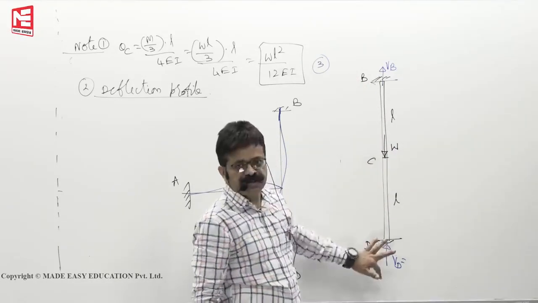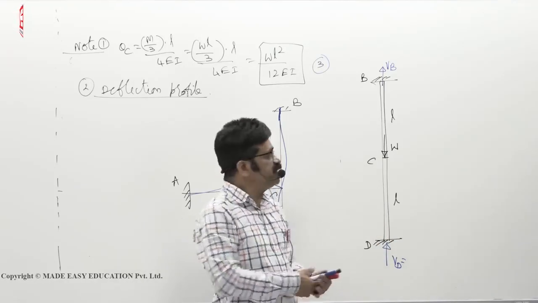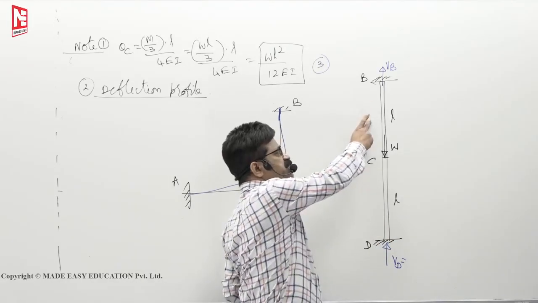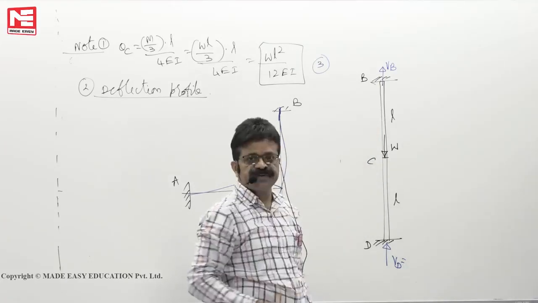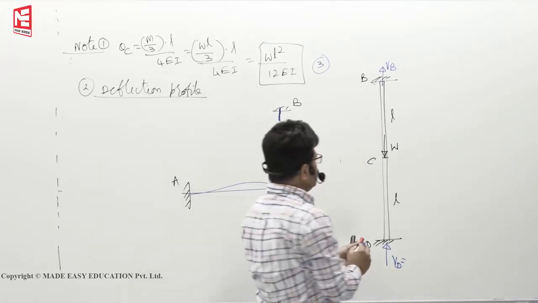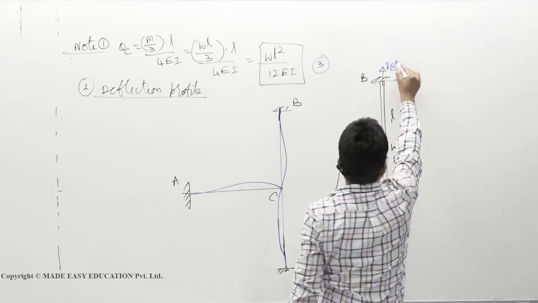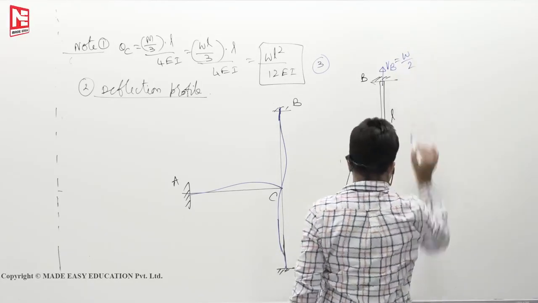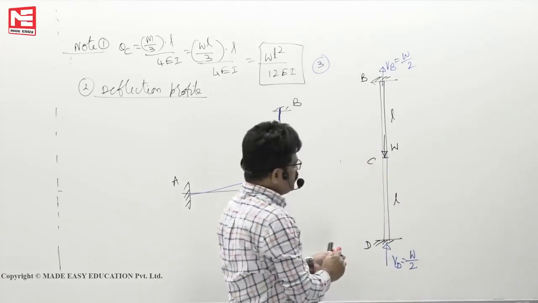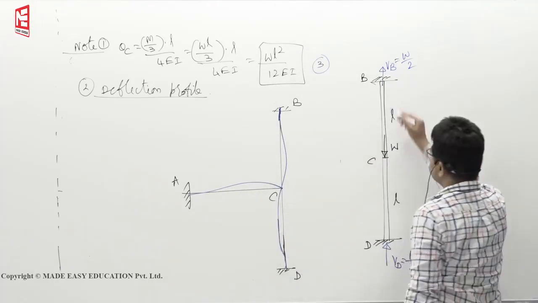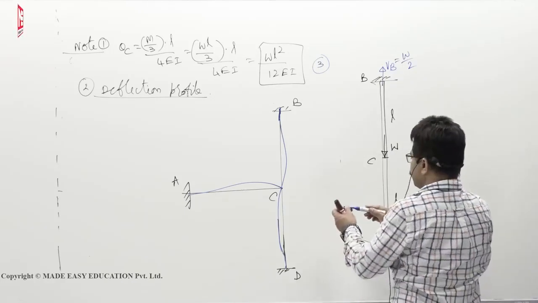So W by 2, W by 2. If this axial rigidity or axial stiffness is 4 times that of this one, its share is also 4 times that of this one. Like that. Since it is equal, VB you will get W by 2. VD is also W by 2. And that means CD member is under compression, BC member is under tension.